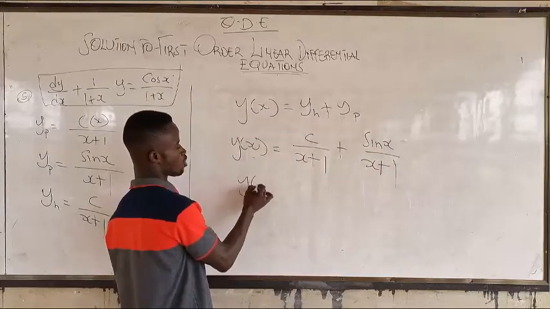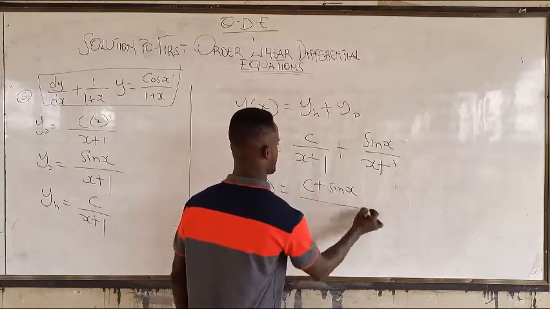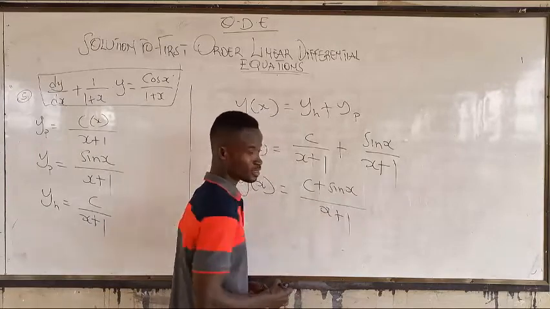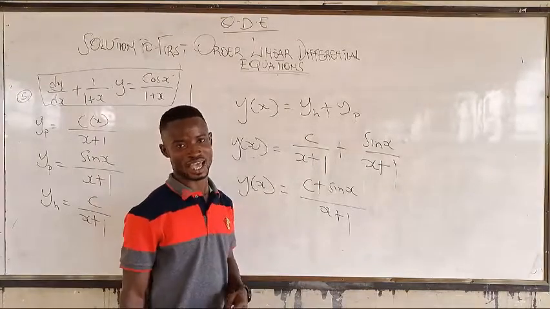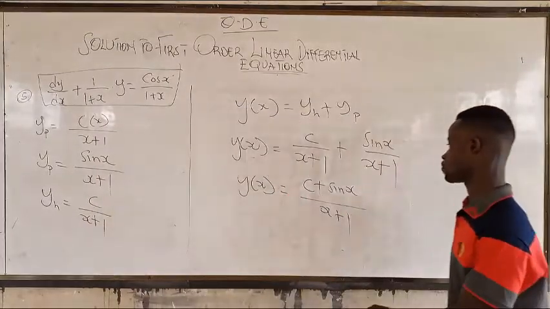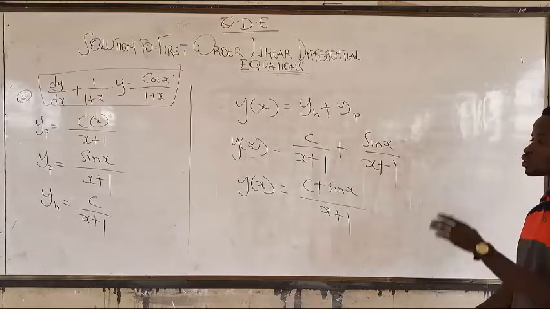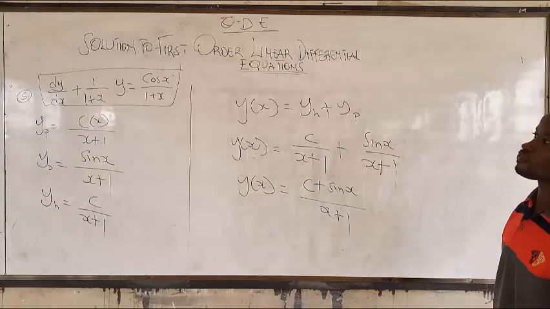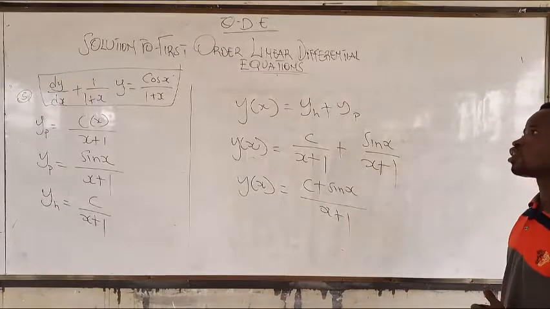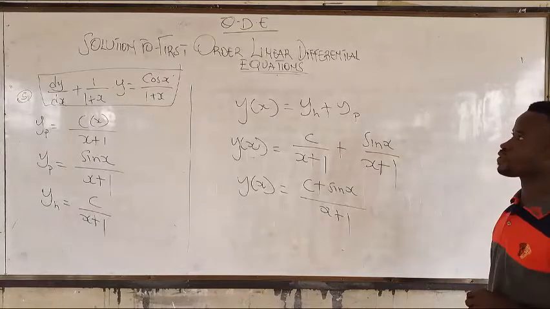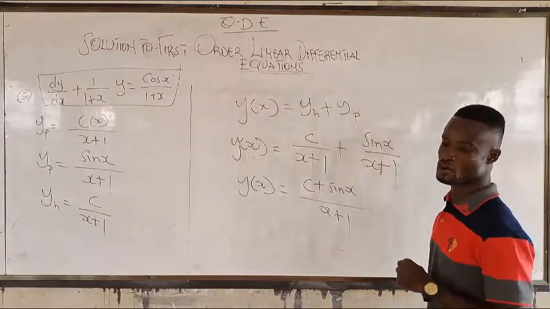So in all, this is the end of question 5. Please don't add any plus C. It's in terms of C already. So this is the general solution for the non-homogeneous equation, or you can say for the first order differential equation with the method of undetermined coefficients.